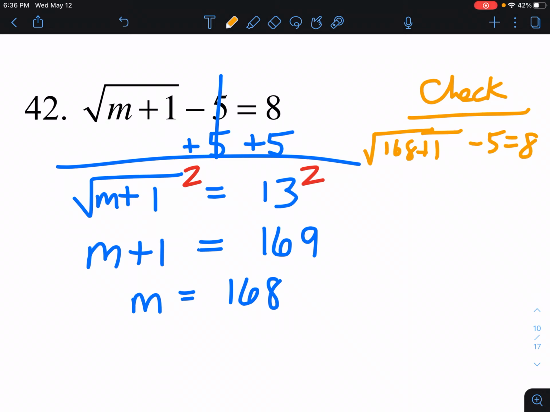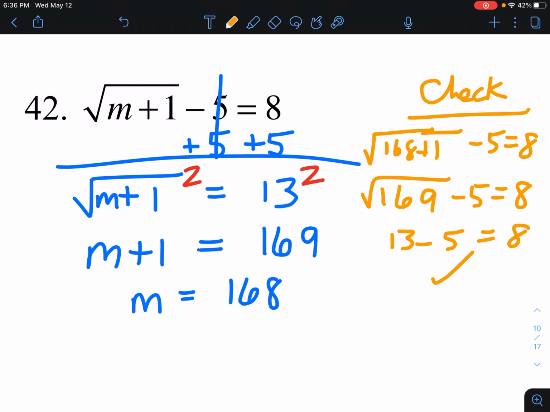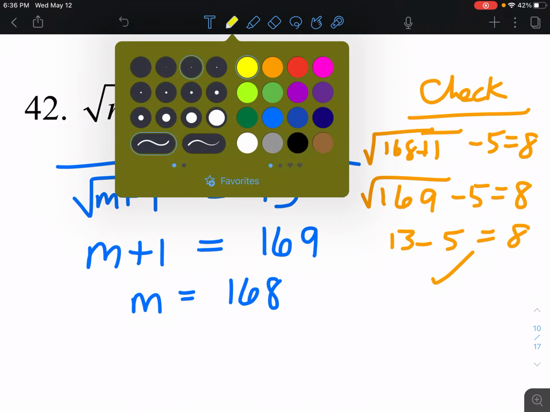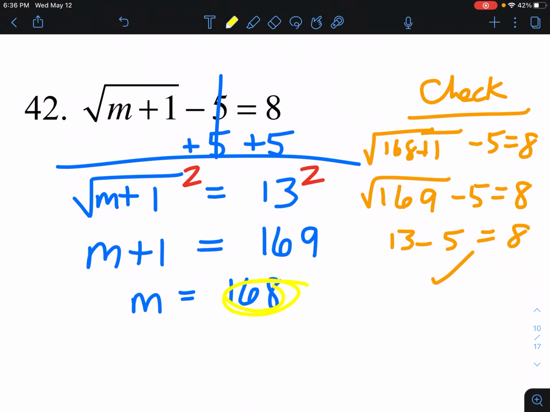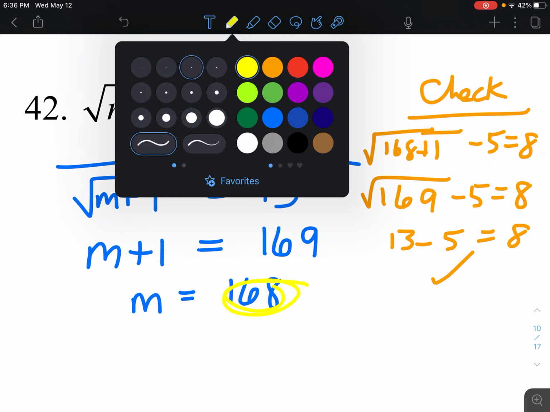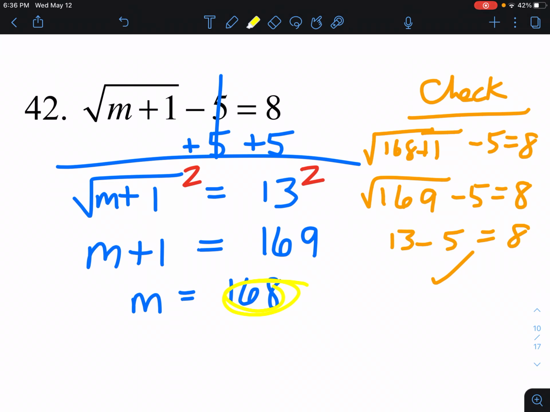So 168 plus 1 is square root of 169. The square root of 169 is 13. And 13 minus 5 is 8, so that's good. And we got our answer, 168.